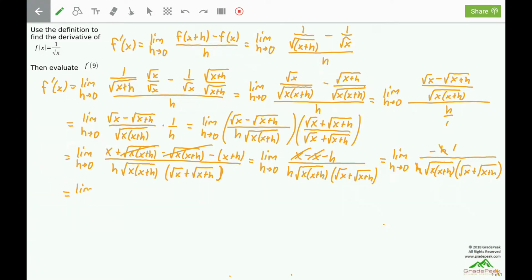We no longer have the 0 over 0 indeterminate form, which means we now can plug in 0 into all remaining h's. And that's going to be our next step, which will give us our derivative.